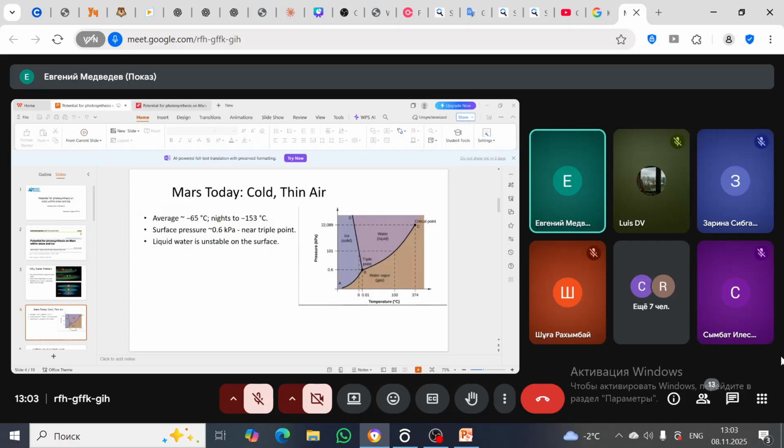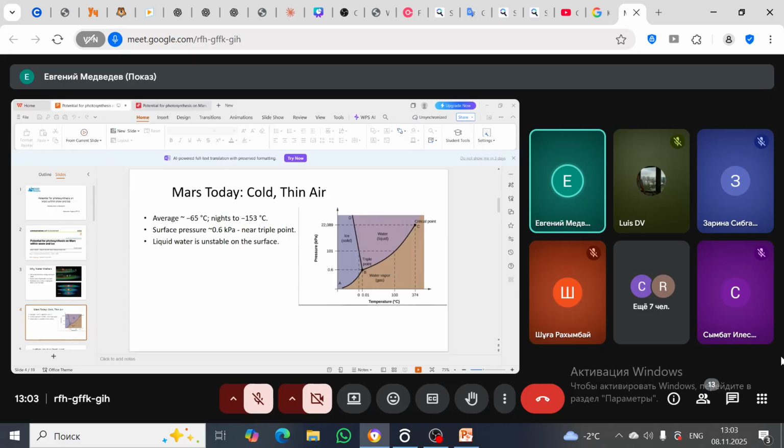And for PAR, there are two thresholds. One is the lower bound. It's like 10 nanomoles of photons per square meter per second, and the upper bound is 20 micromoles of photons per square meter per second.